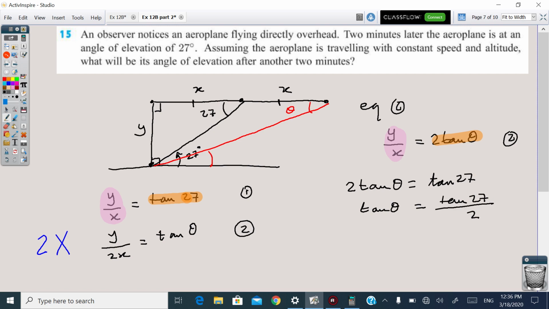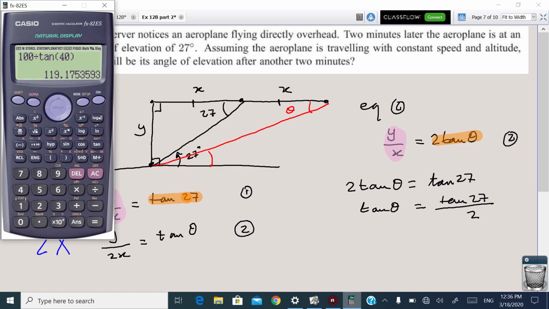You find the tan first and then you will divide by 2. So let's do that on the calculator. The way to do this properly is to calculate tan 27 divided by 2, and you get a value for tan theta.